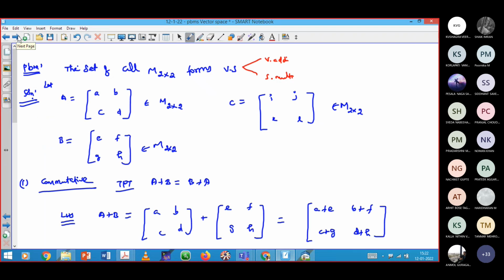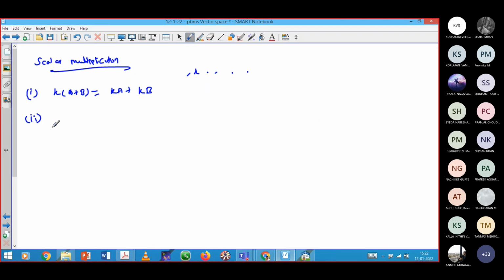How can it be verified? That is (k plus l) into A equal to kA plus lA. This is also quite an easy process.